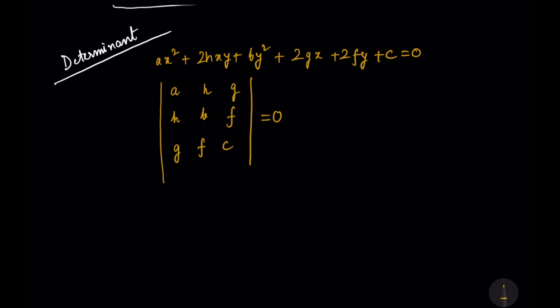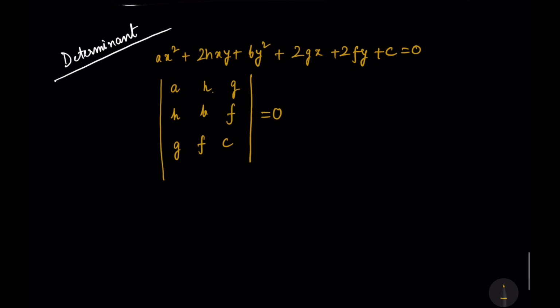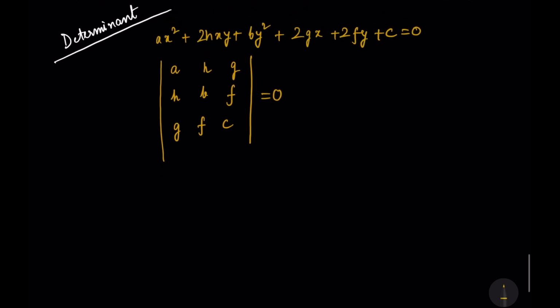You have a, you have h, you have g, you have h again, you have b, you have f, you have g, you have f, you have c. So till here it's clear to you all. So you have a, h, g, h, b, f, g, f, c equals 0. How do you remember this?